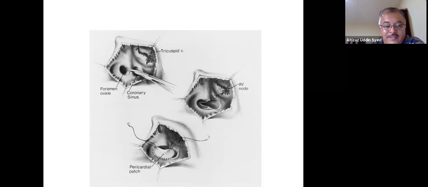What is normal for the right side is the SVC opening, IVC opening, and the tricuspid valve. Don't worry about putting the coronary sinus on the left side. Mostly, it doesn't cause a problem. It's an easier approach and less risky, I think.